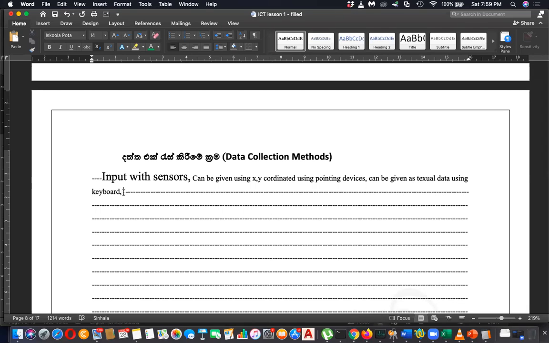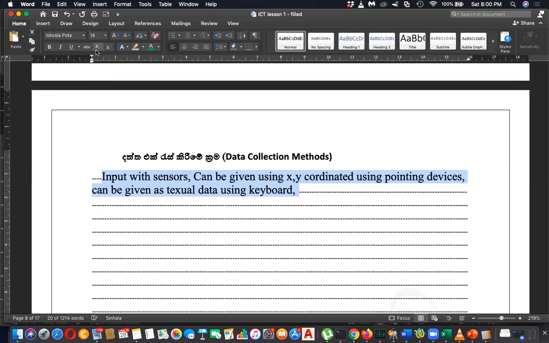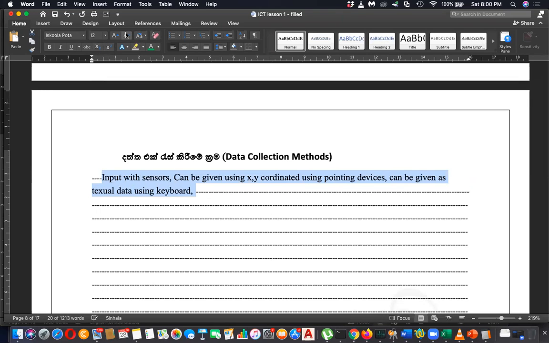Not just that, what are the other methods? It can be given through scanners.